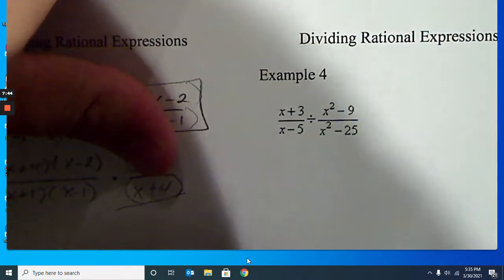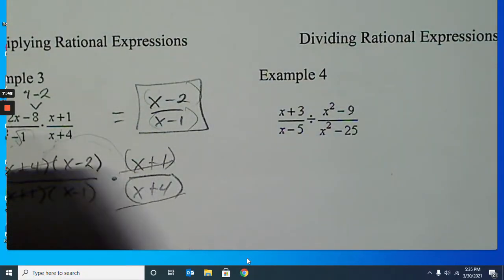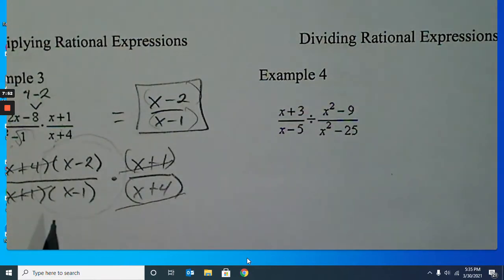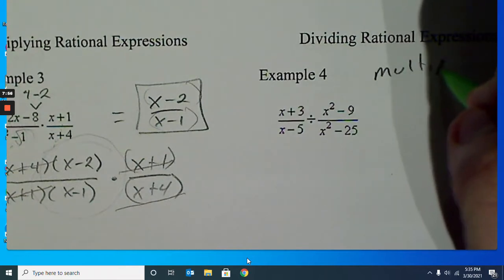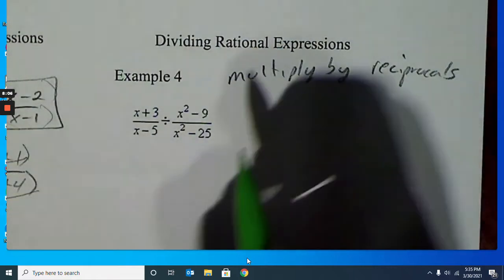So dividing kind of follows the same rules, except we don't really ever divide. We multiply by reciprocals. So here's what we actually do.